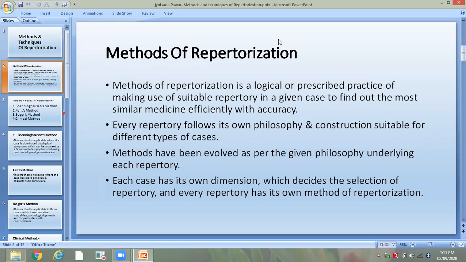Methods have evolved as per the philosophy underlying each repertory. Each case has its own dimension which decides the selection of repertory, and every repertory has its own method of repertorization. This we also discussed in the previous lectures.